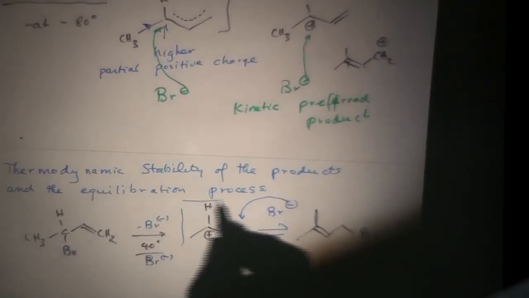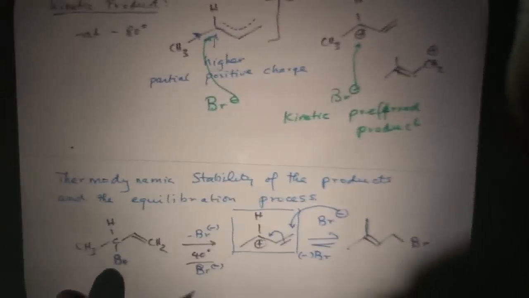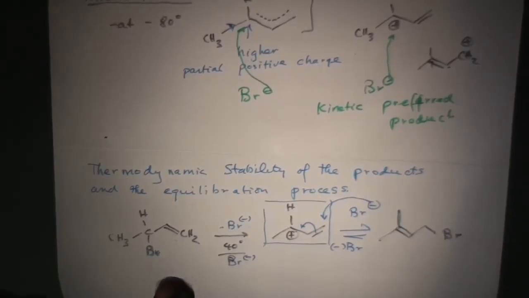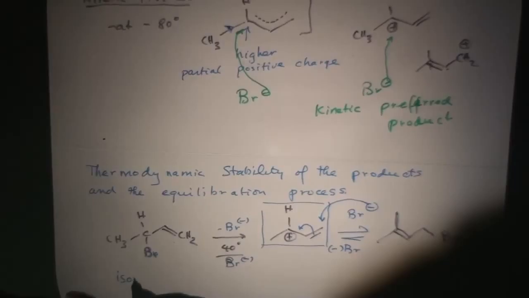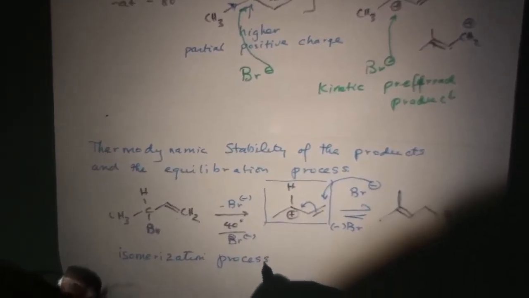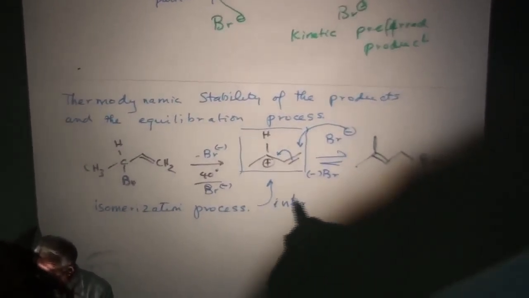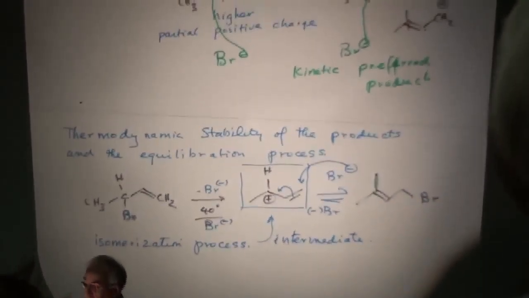So this is the shuttle, the intermediate that allows you to go from one product to the other. It's basically an isomerization process, and with this as the intermediate. Okay?